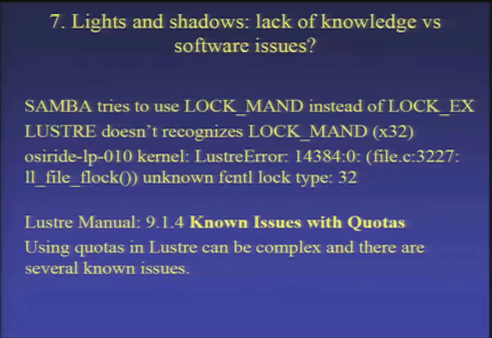As far as the quota is concerned, of course, even the 1.8 manual states that there are known issues with the quotas. My bottom line is that using quotas in Lustre File System can be quite complex, and there are several known issues.